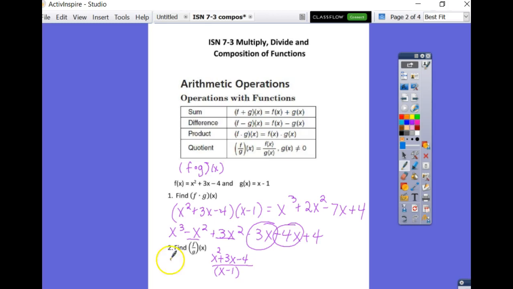So if I did my little t-chart, and I get negative 4 here and 3, do I get 4 and negative 1? I do. So this is going to be, so now what can happen? I can cancel, and I just get x plus 4.